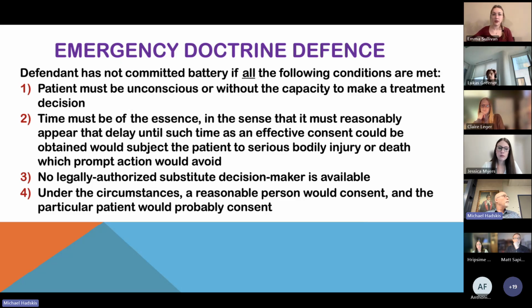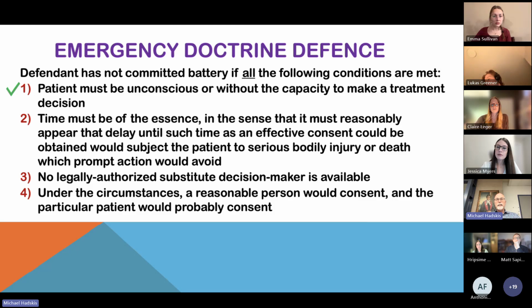A person may show up completely conscious and be in an advanced state of dementia, and therefore lack capacity, and therefore the first element is established. So it's pretty clear. We can check the first box off, right? Okay, no problem.